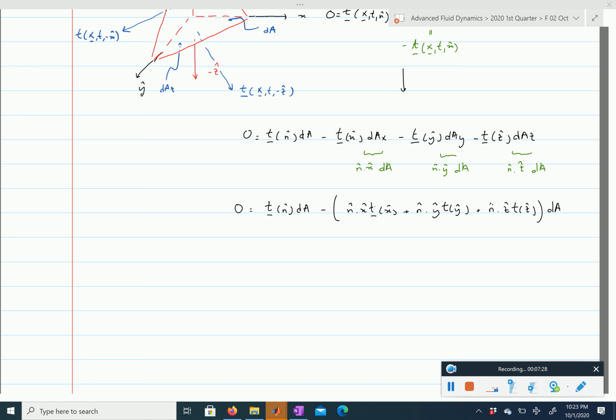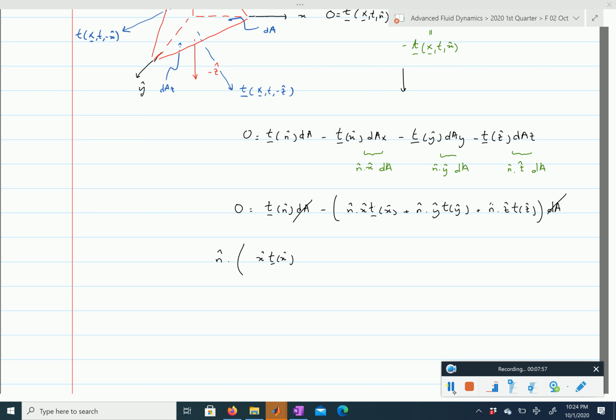And now what you can see here is that if I put all of these terms on the left hand side with a positive sign, I can simplify the dA, and I can factorize the dot product with n, and this yields n dot product of x outer tx.